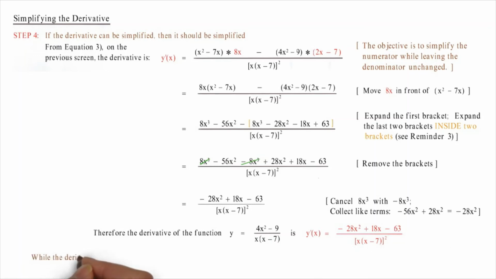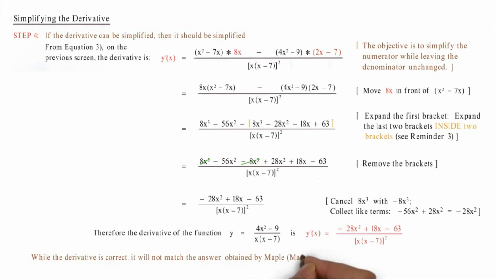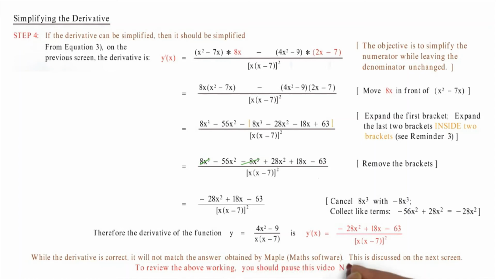While the derivative is correct, it will not match the answer obtained by Maple Math software. This is discussed on the next screen. To review the above working, you should pause this video now.